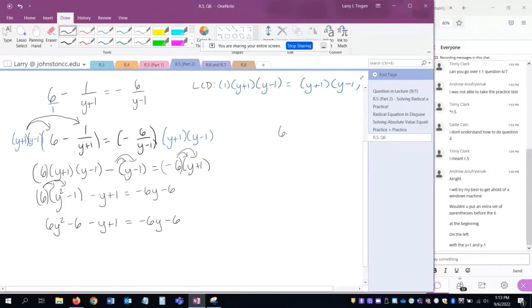Let's come out here. Yeah. 6 times y plus 1 times y minus 1. Okay, yeah. All right, so we're good there. This multiplies the difference of perfect squares. We distribute the 6.